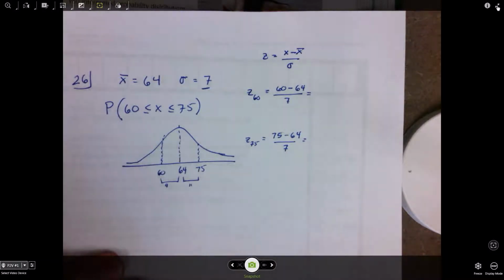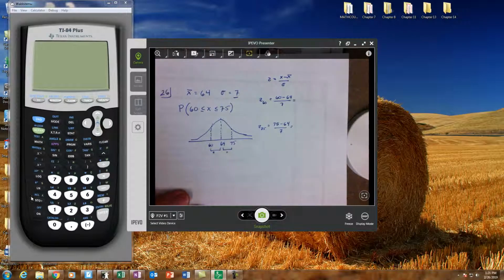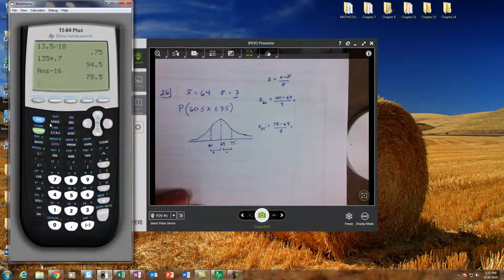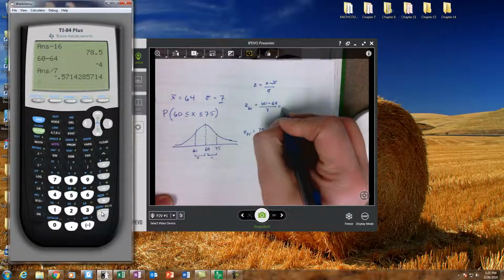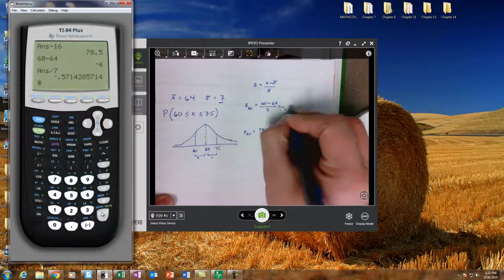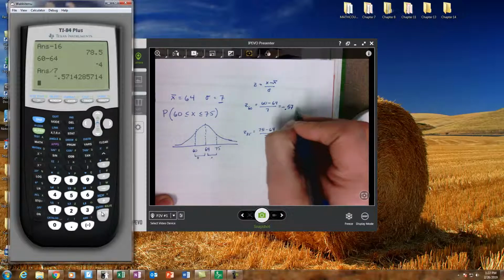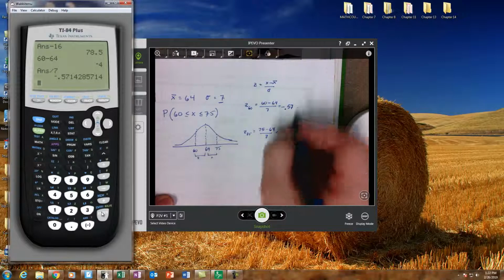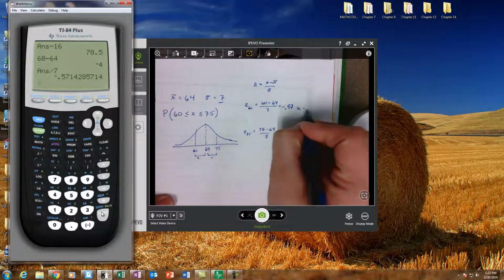So I need to minimize that for just a second. We're going to grab our calculator here. 60 minus 64, that's obviously negative 4, and we divide that by 7 to get negative 0.57. So I'm going to write that right up here. Negative 0.57. This is roughly negative 0.6.